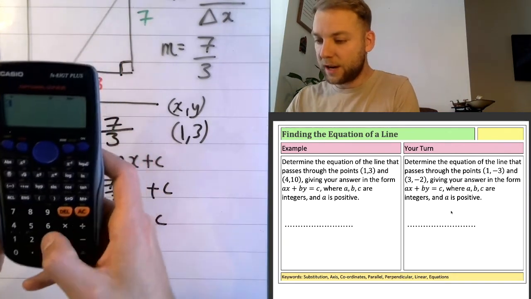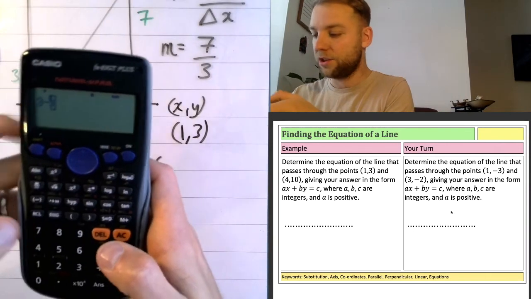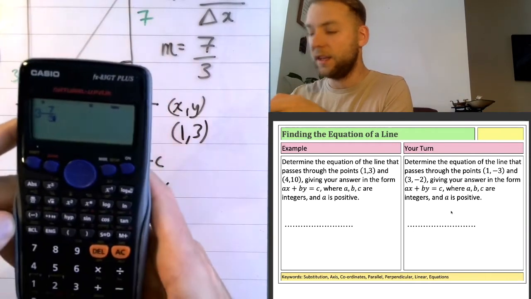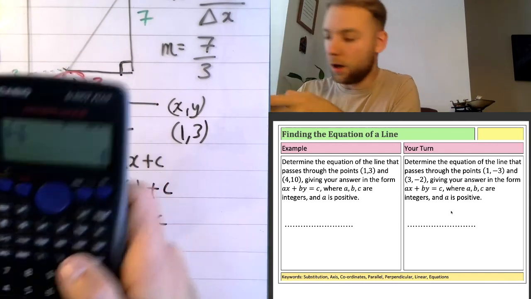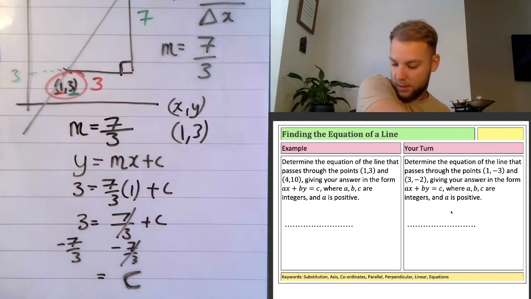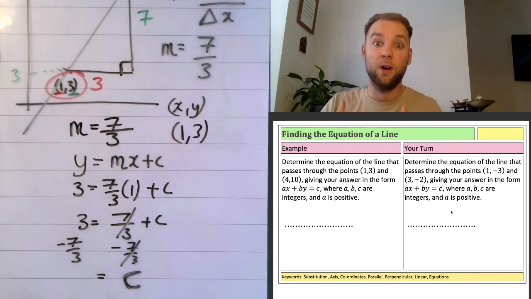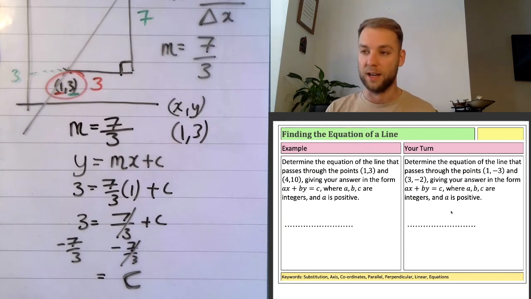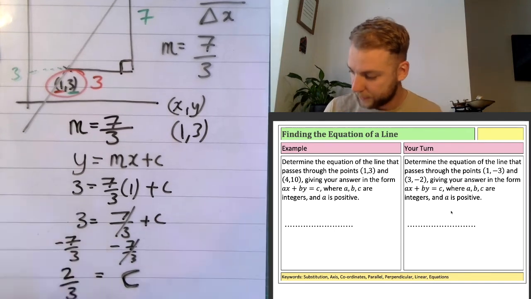So 3 subtract the fraction 7 over 3, which in this case is equal to 2 over 3. Or you could have, if you wanted to, written 3 with a denominator of 3, which is going to be 9 over 3. 9 over 3 take away 7 over 3, again, is 2 over 3.